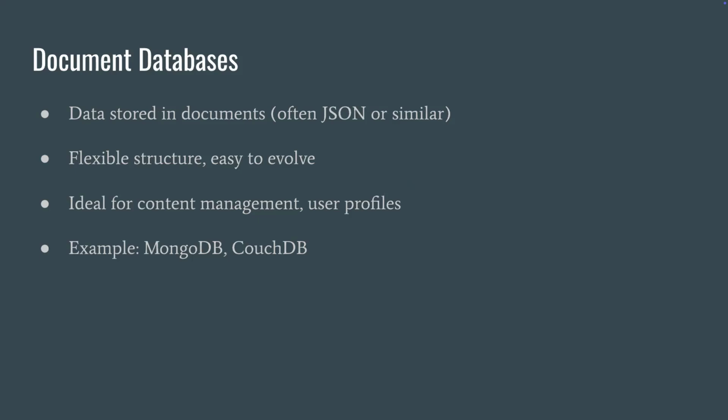Moving on to document databases. Document databases store data in the form of documents, often using formats like JSON or BSON. Each document typically represents a single entity, like a user profile or product description, which means it can contain nested structure.